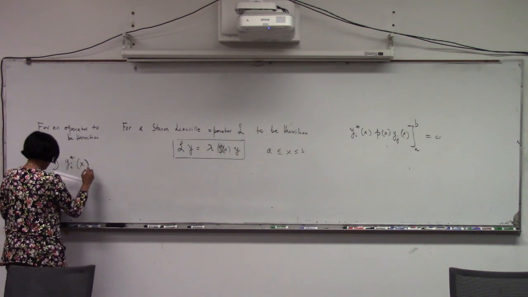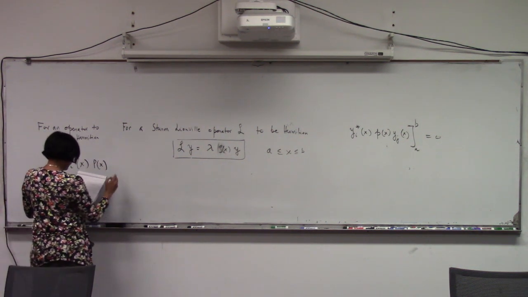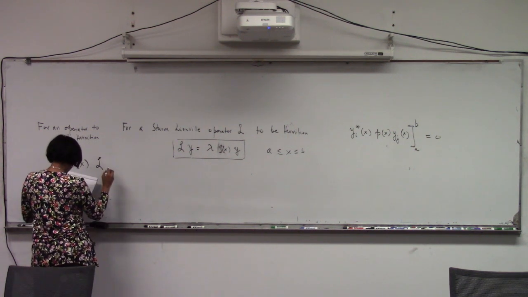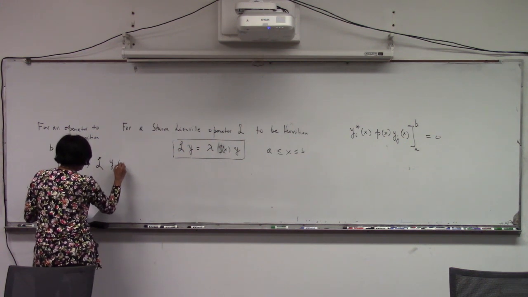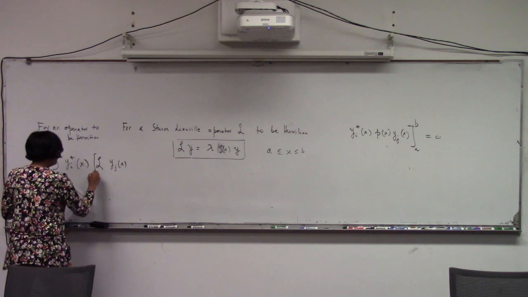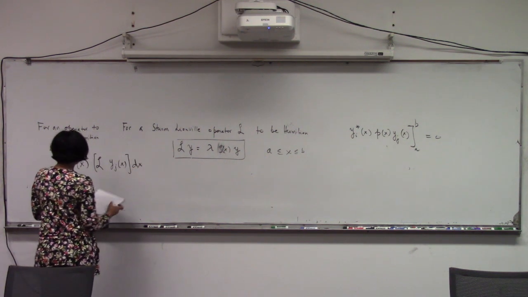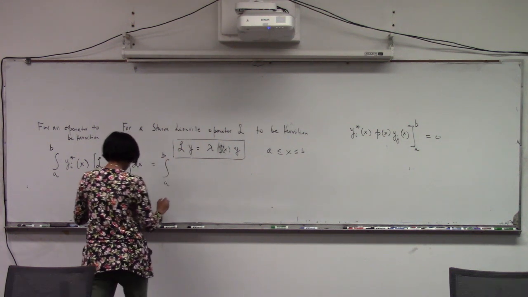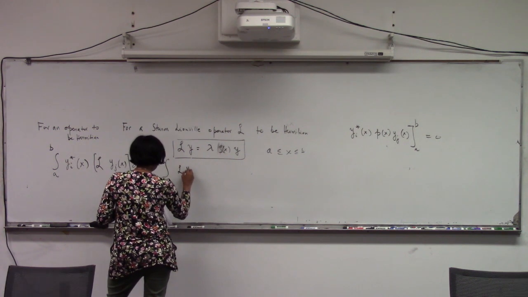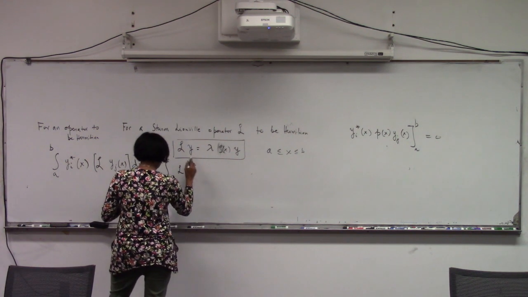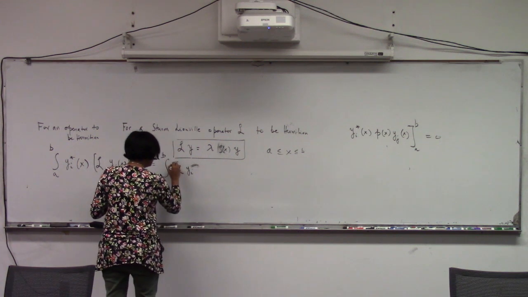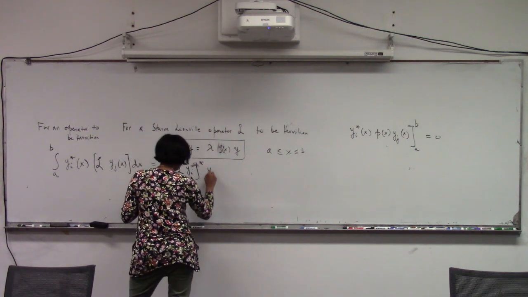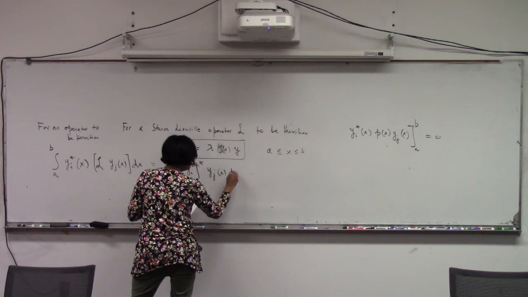Integral a to b of y_i star of x, rho of x, L operating on y_j of x, the other eigenfunction, dx, should be equal to the integral a to b of L operating on y_i, star, y_j of x dx.